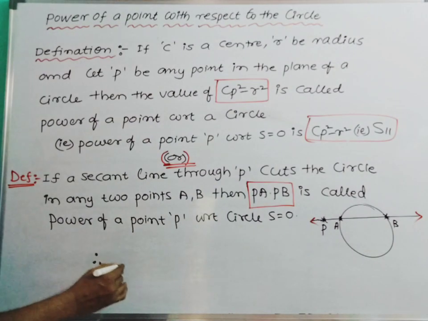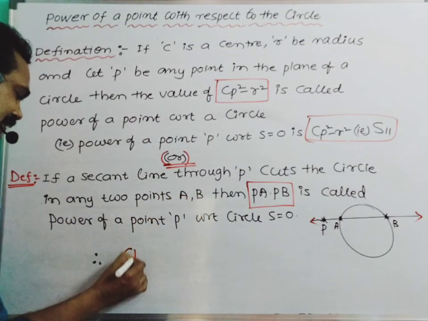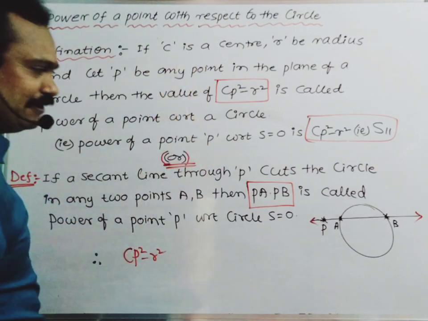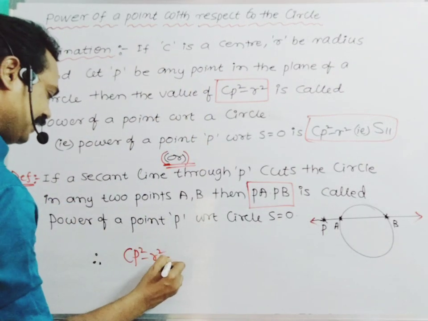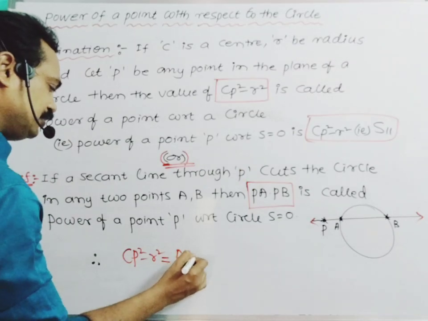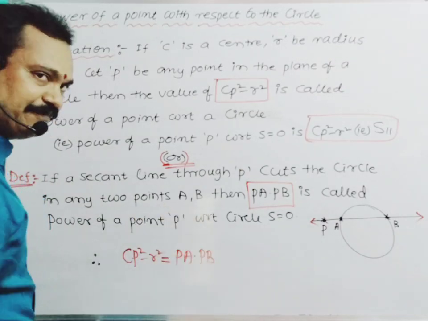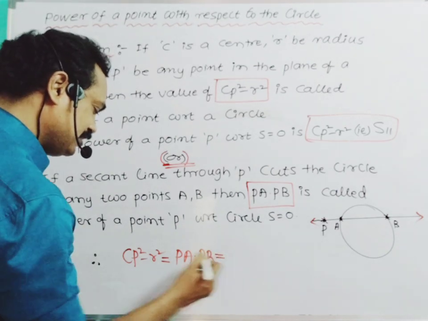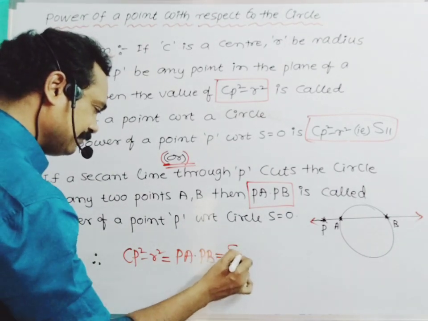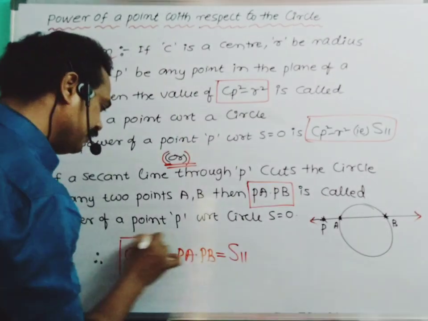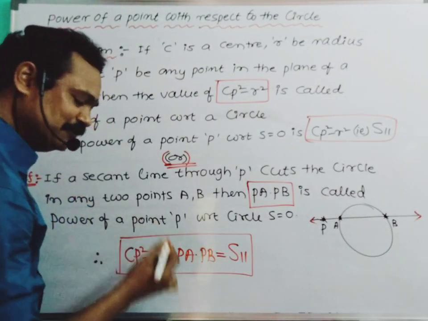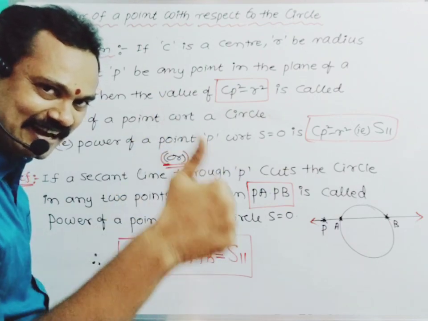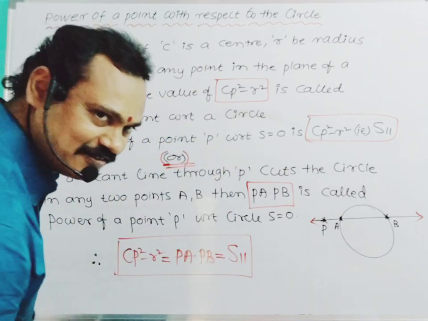So our conclusion is both represent power of a point with respect to a circle. These two expression values are nothing but S11. Is it clear, all of you? Right. Let's rock on.